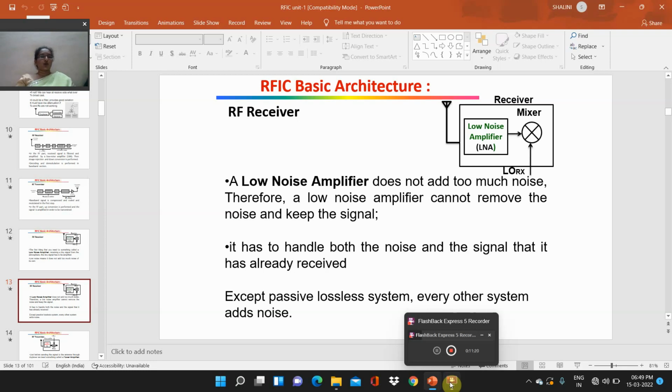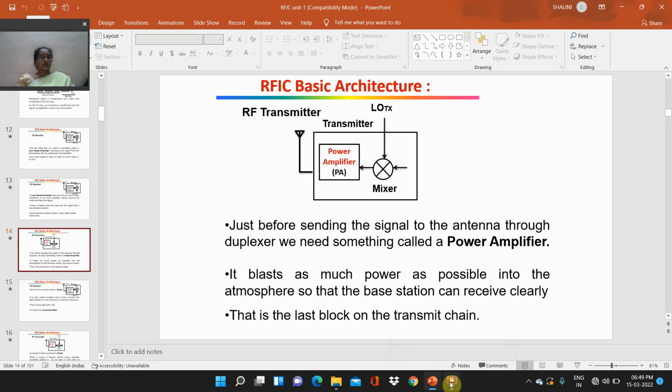Except for a passive lossless system, every other system adds noise. The lossless system can't absorb too much power, so these are considered lossless systems.